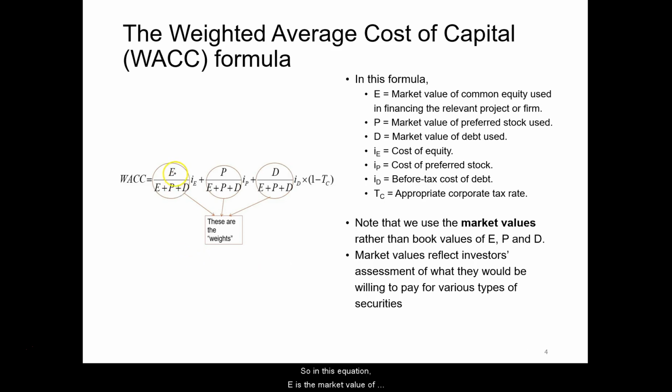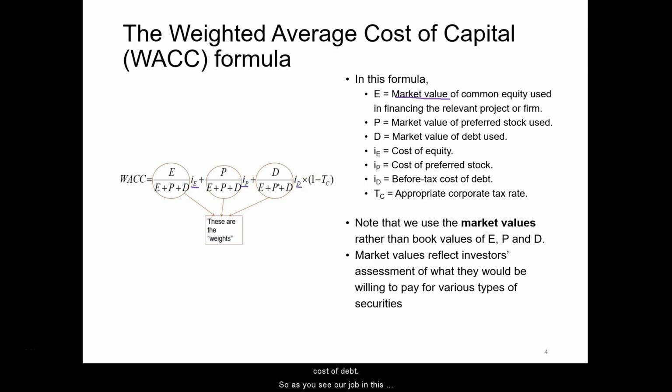In this formula, E is the market value of common equity, P is for the preferred stock, and D is for debt. And IE, IP, and ID are the cost of equity, cost of preferred stock, and cost of debt.